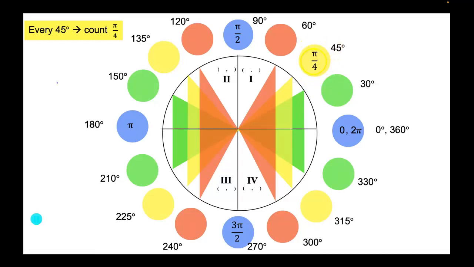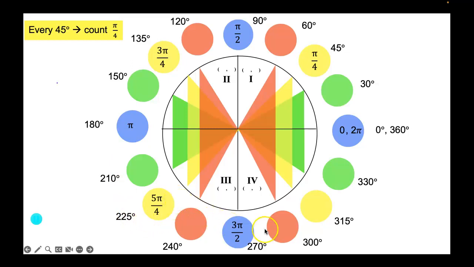So I have 1/4. Then I have another 1/4, which got me 2/4, which was the same thing as 1/2. Counting up another 1/4 pi, or pi over 4, I get 3/4 pi. Counting up another 1/4, I would get 4 over 4, which is the same thing as 1 pi. Counting another 1/4, I would get 5 pi over 4.